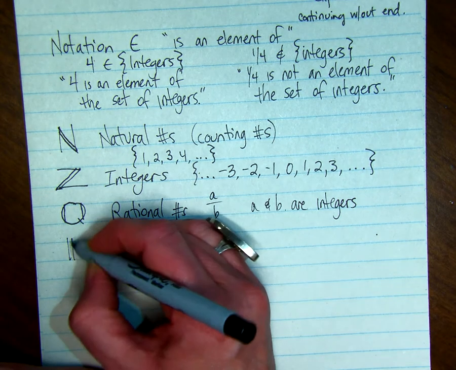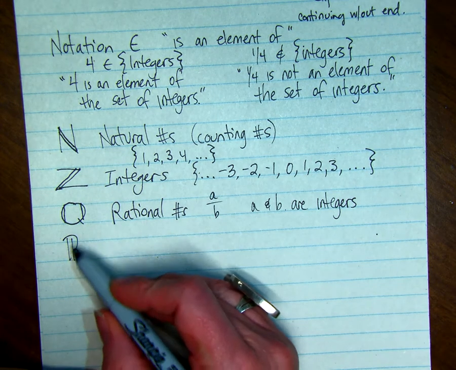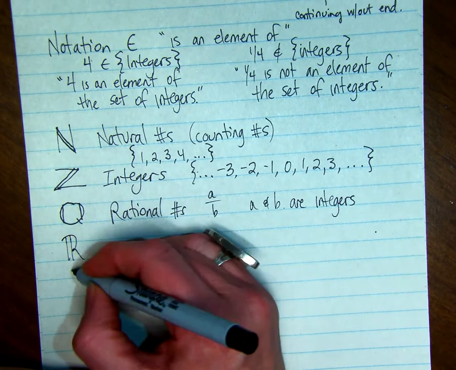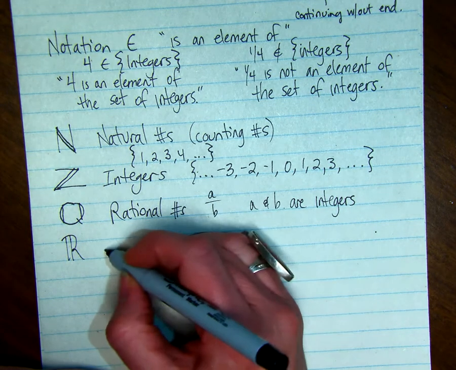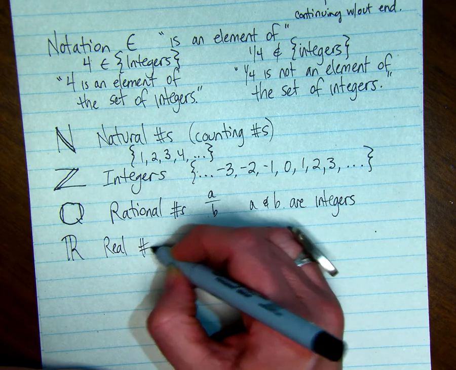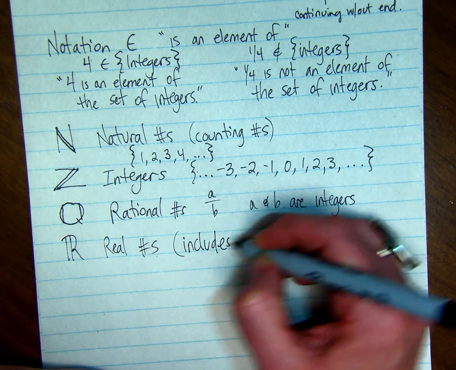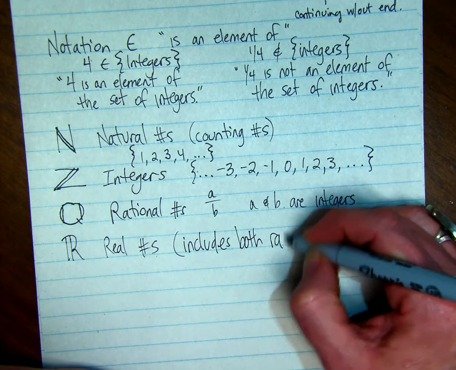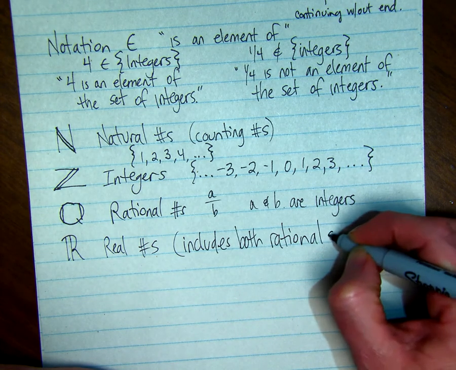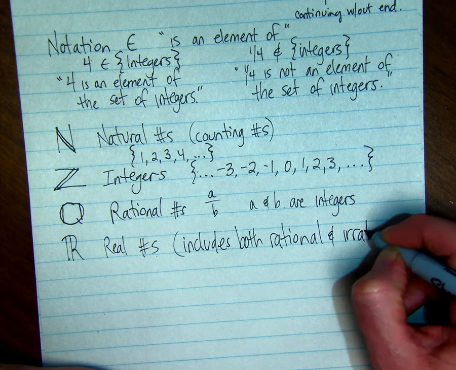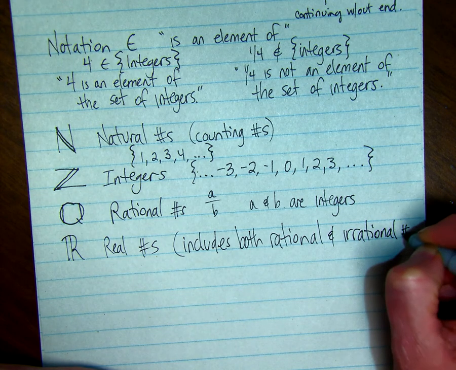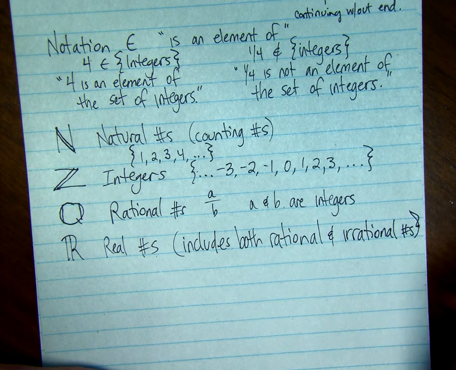The set of real numbers is an R with a double line on the left side. The set of real numbers includes both rational and irrational numbers. Oops, it's parentheses. Okay.